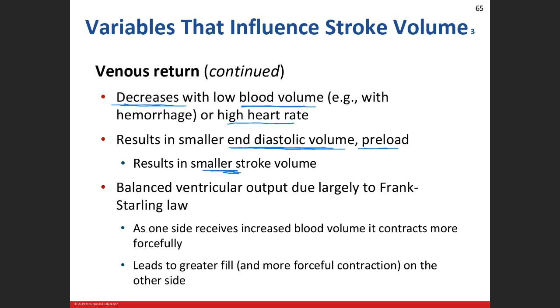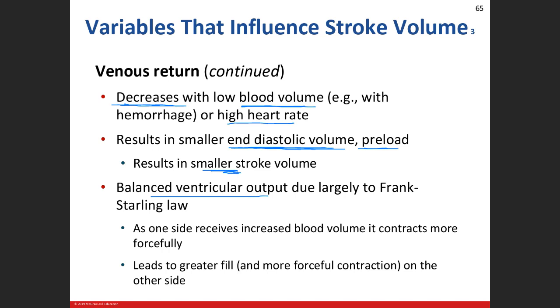It was last class we talked about the balanced ventricular output, how the right ventricle and the left ventricle roughly put out the same amount of volume of blood. The stroke volumes should be the same. And that has to do with, even though the left side has to pump blood out to the systemic circulation and the right side is just dealing with the pulmonary circulation.